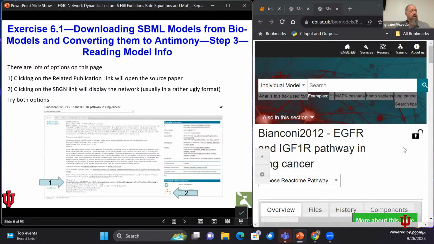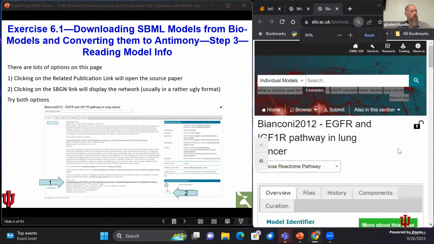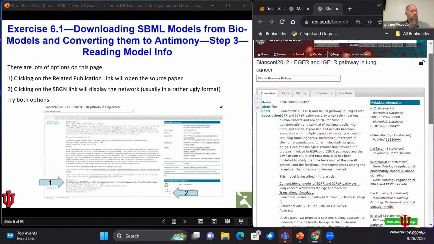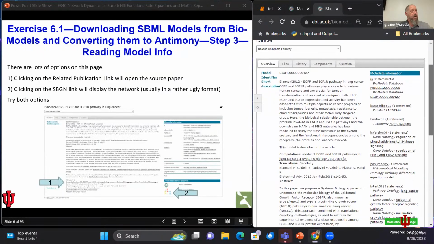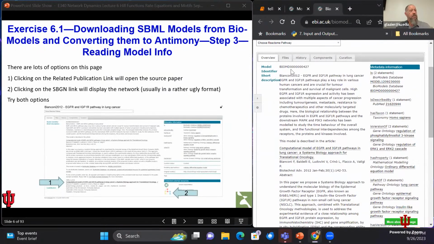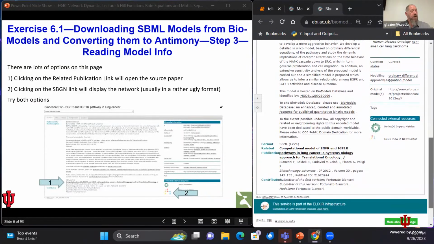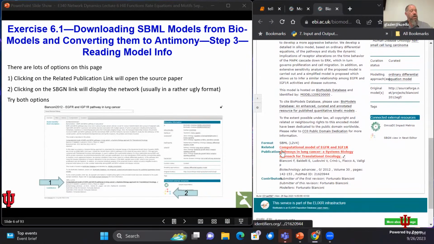Now, this doesn't display terribly well in the split screen. But what you'll see here is a model identifier and then a brief paragraph summarizing what the model is about. The publication information, the abstract, how to cite it, the fact that it's written in SBML level 2 version 4, and so on.